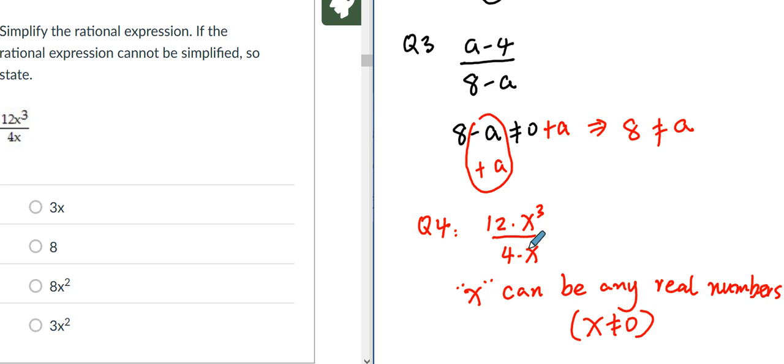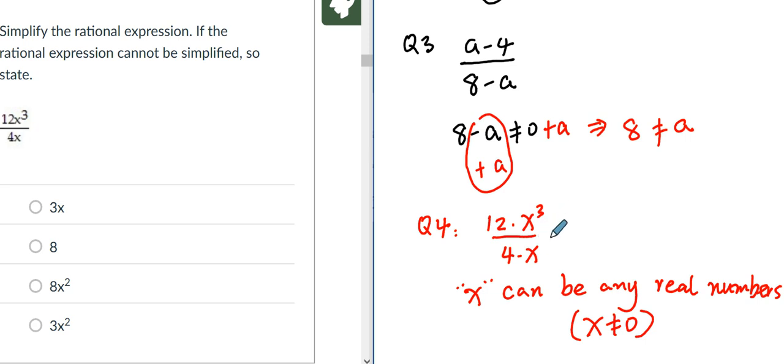Okay? What I meant is that you can plug in any numbers here. If x is 2, it will be 2 but needs to be cubed. So don't be scared by the variable. Variable is just any number.